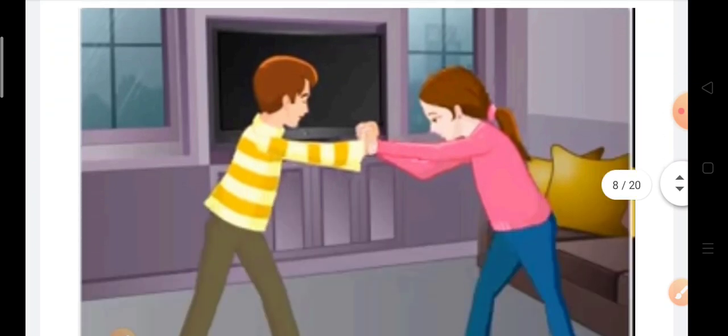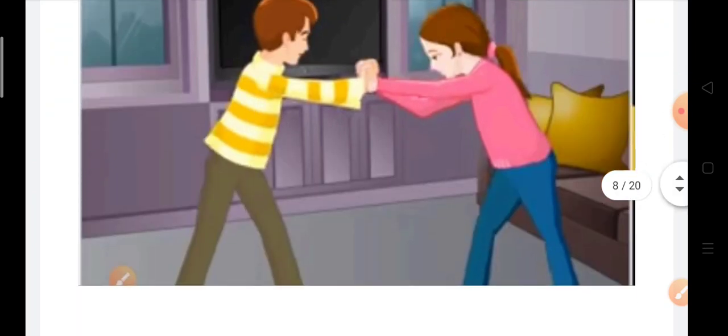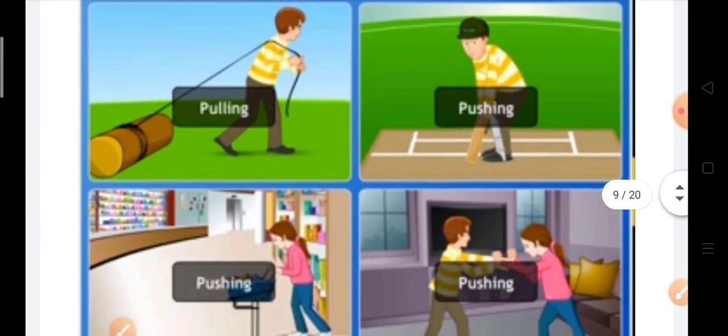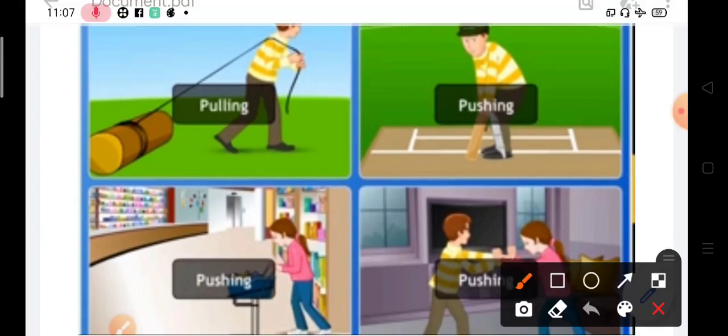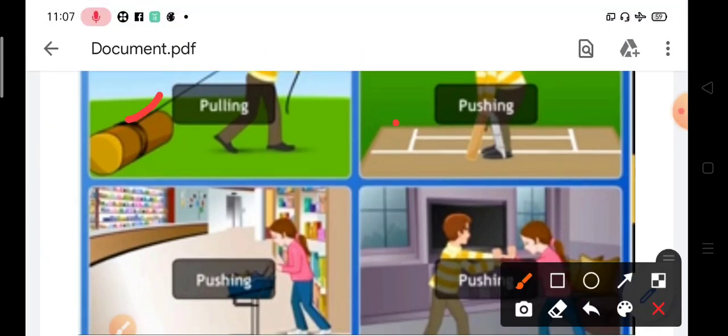And over here these two are pushing each other. So this boy is pulling the log. This boy is pushing the ball through the bat. This girl is pushing this load. And over here these two are pushing each other.